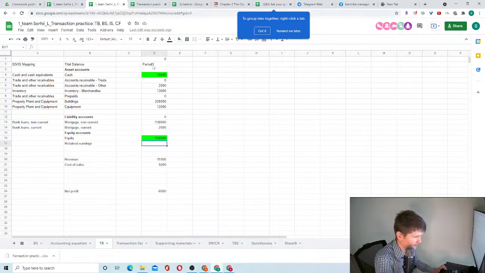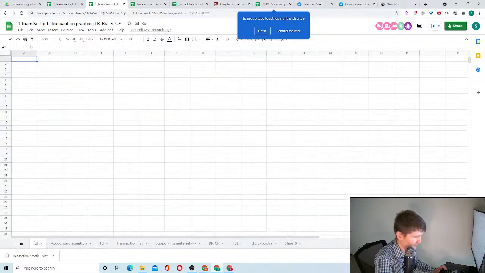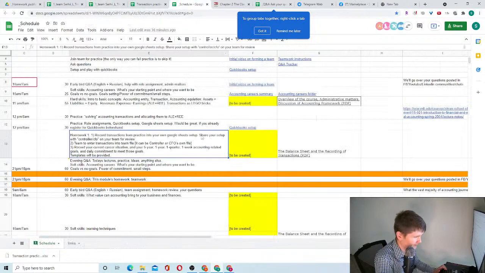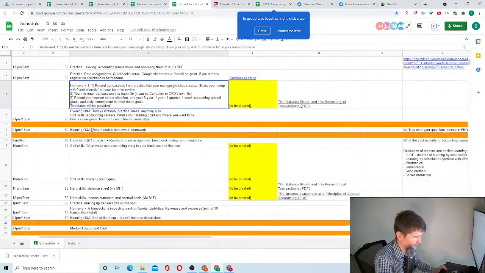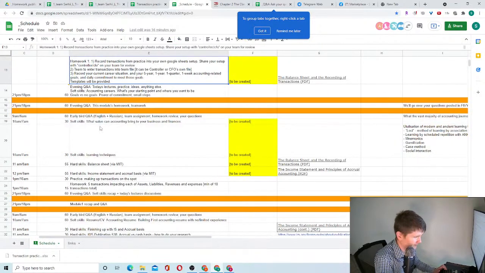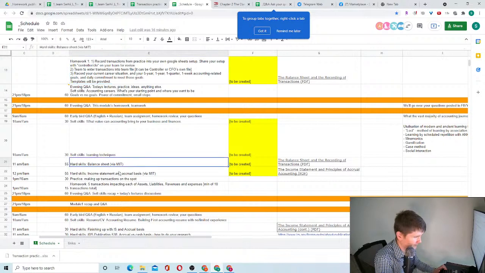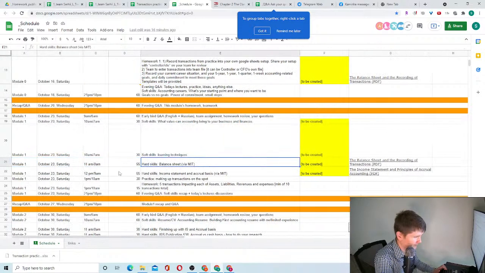But it will go there on the balance sheet, not on the trial balance. On the trial balance, you already included it as balancing in that result. But when we do the balance sheet, it will go there. I believe I planned a balance sheet. Hard skills, balance sheet. Yeah, it's planned for the next session.